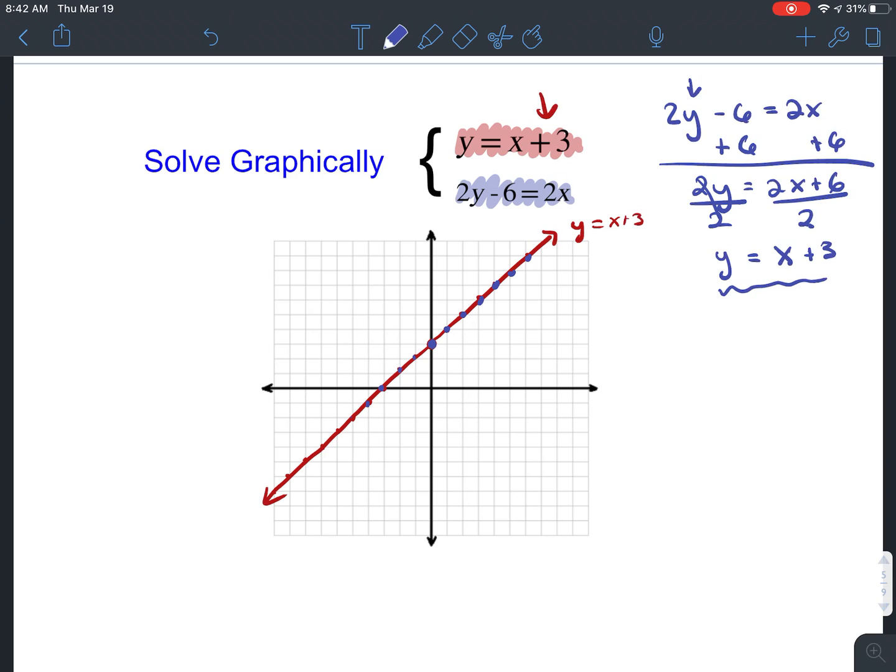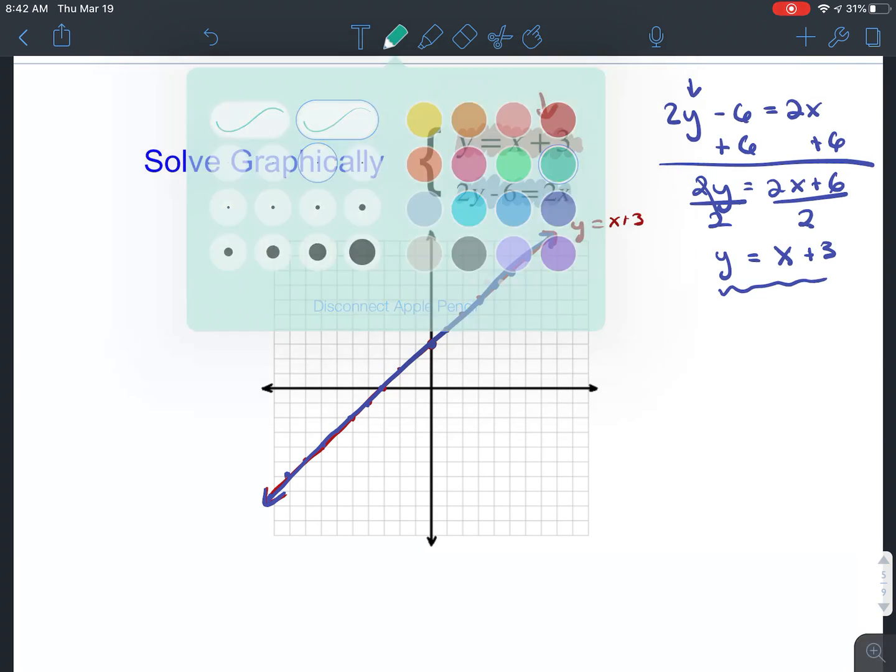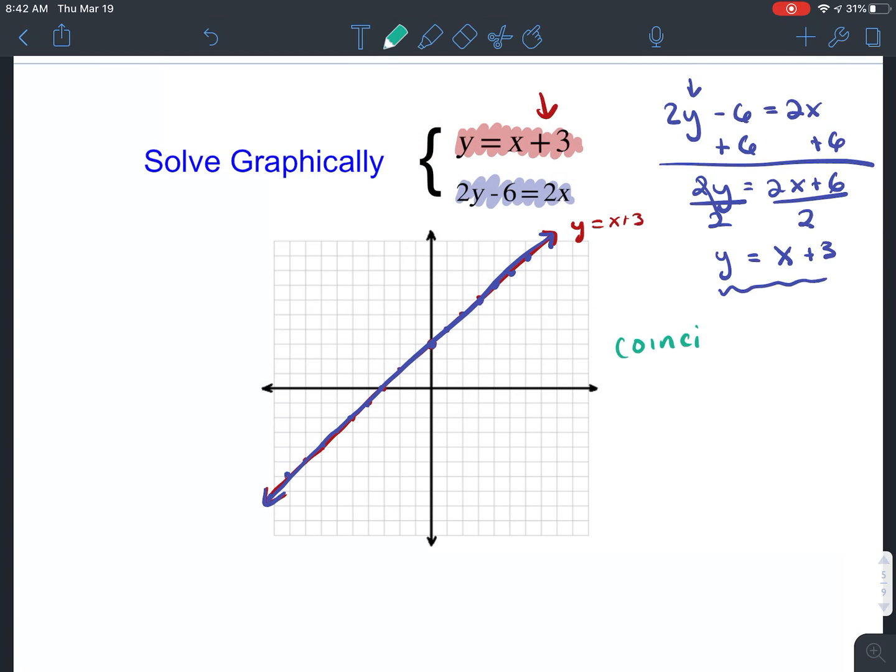So all the points of this graph are going to coincide with all the points of the first one. So if you remember back to when we were talking about these types of lines, these are called coinciding lines, or coincident lines. They are the exact same lines when you manipulate it.